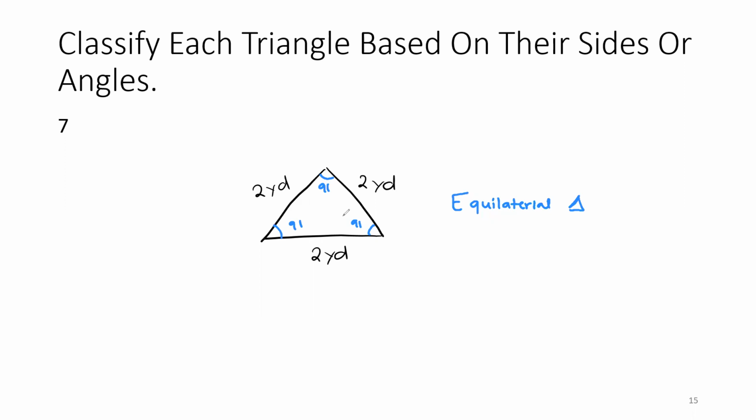So if you add them up, 91 plus 91 plus 91, that gives you 273 degrees. So that will never be a triangle. So all these angles most likely have to be less than 90. So what do you know about less than 90? It's also an acute triangle. So you can call this an acute equilateral triangle.